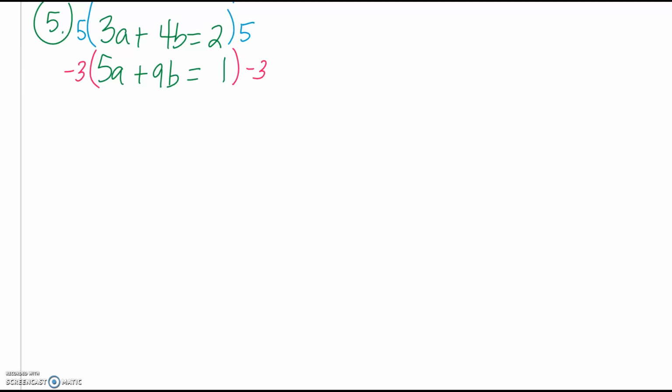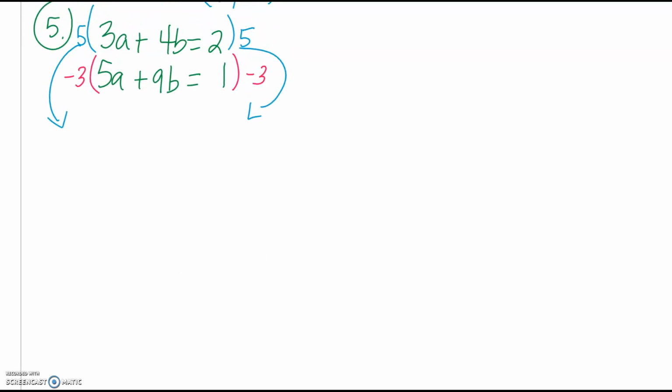Okay, now it's time to rewrite these after I have shared the factor to each. So 5 times 3a is 15a, 5 times 4b is 20b, and 2 times 5 is 10. Now, negative 3 times 5 is negative 15a. Negative 3 times 9b is negative 27b.